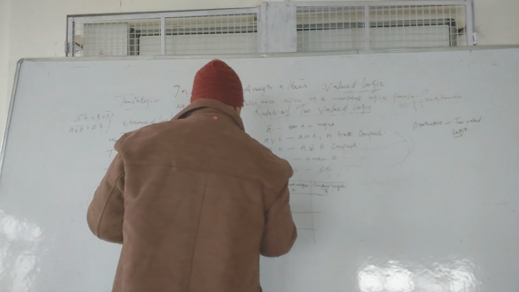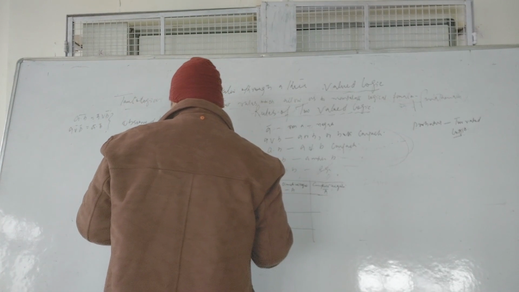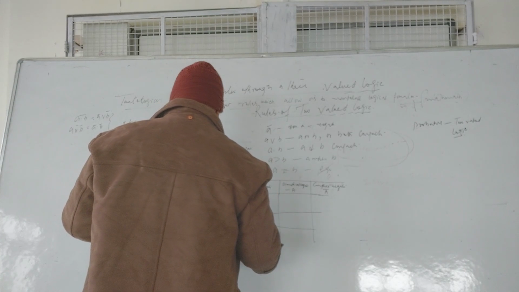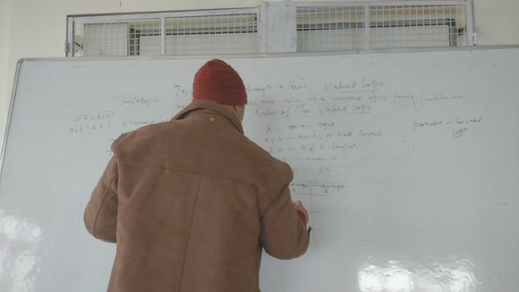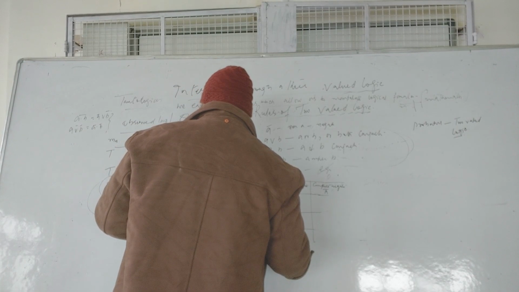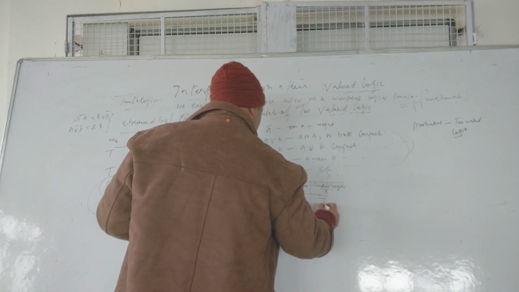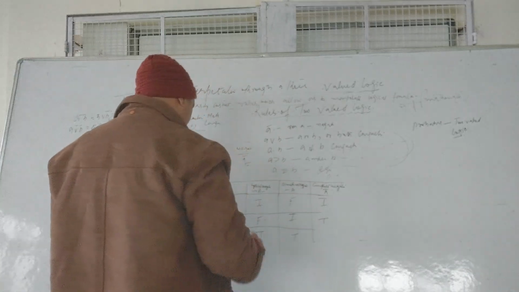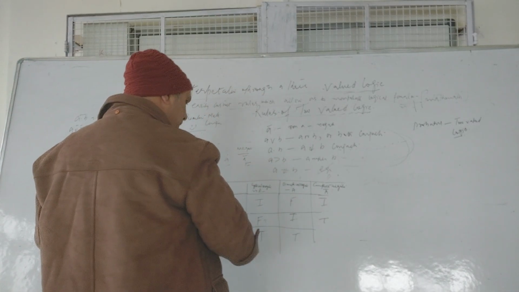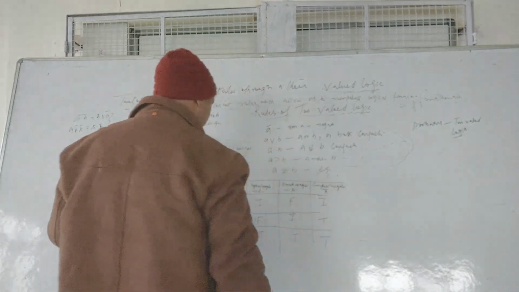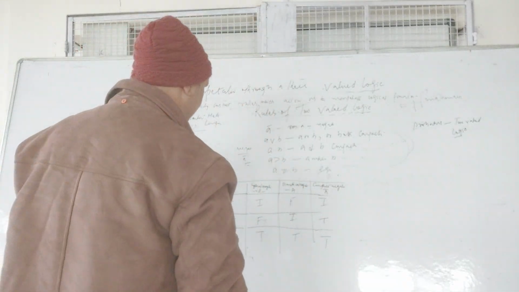So this is intermediate, this is false, this is truth, this is false, this is intermediate, this is truth, this is intermediate, this is truth, and truth will come out to be truth.